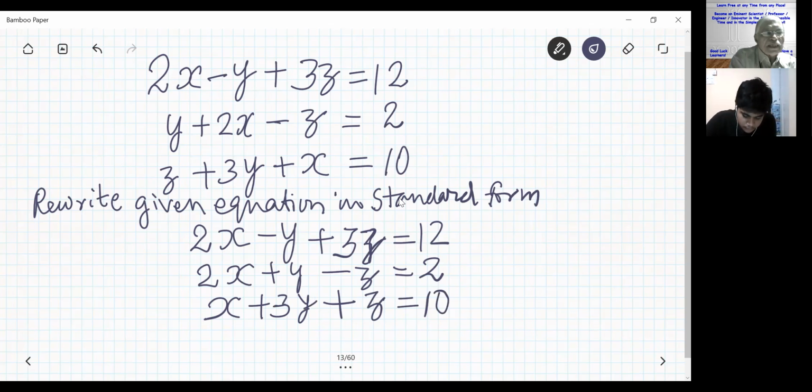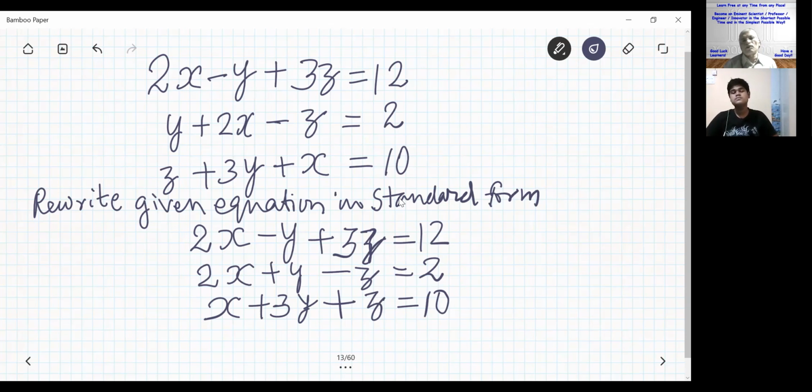So usually questions are given in the correct order only, but sometimes they give the question by changing the sequence of the terms. So to use this method of determinants, you have to rearrange them and write it in the standard form. That means all x should come in one column, all y in another column, all z in another column.